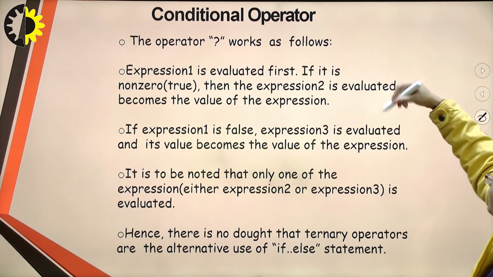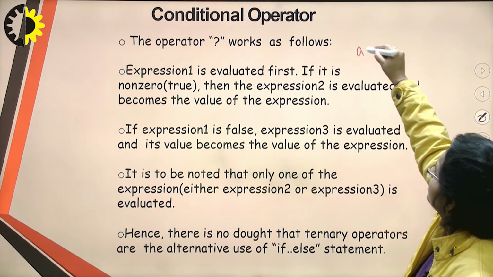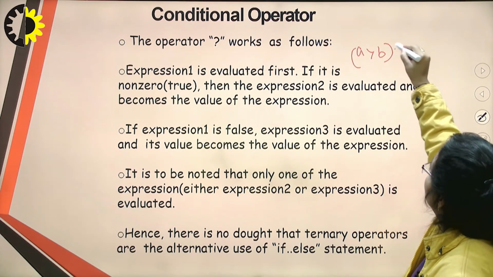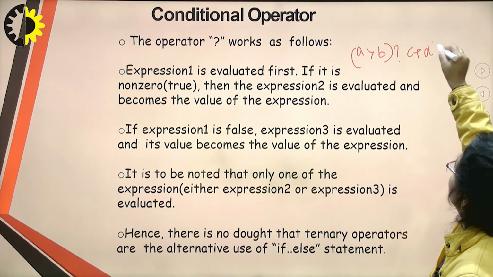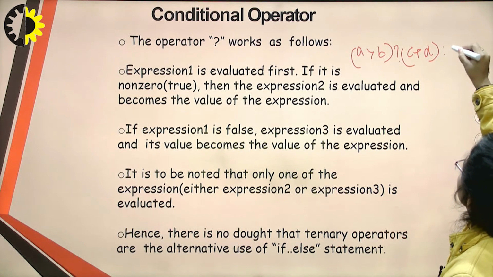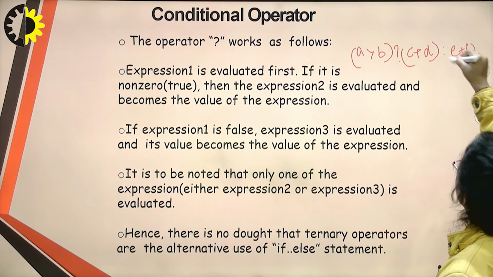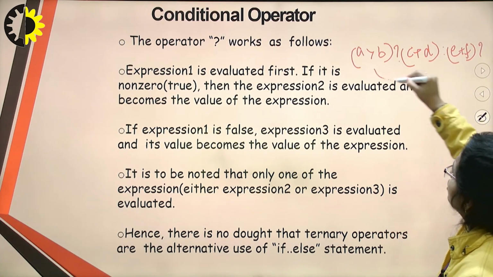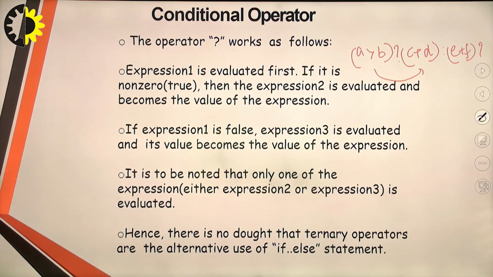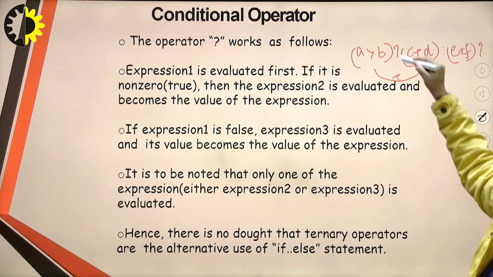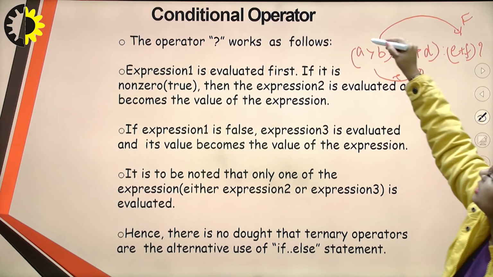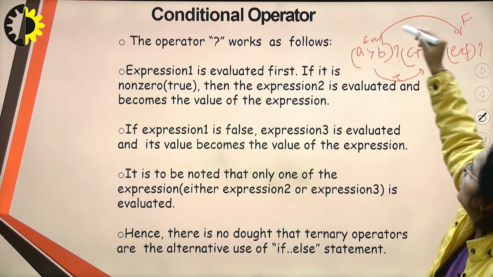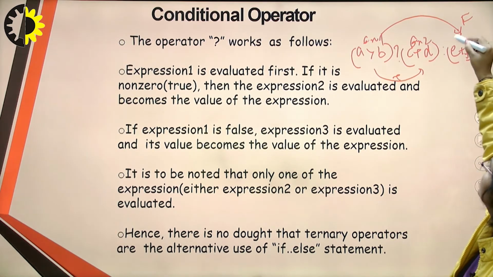See, let us give an example. Suppose this is our expression, A is greater than B. If this condition is true, then it is going to evaluate C plus D, or if this condition is false, it is going to evaluate E plus F. It depends. If this expression is true, then the true value would be evaluated, and if this expression is false, then the false value would be evaluated. It means the other expression. We can say this is expression 1, this is expression 2, and this is expression 3.